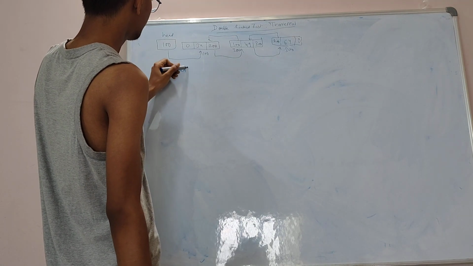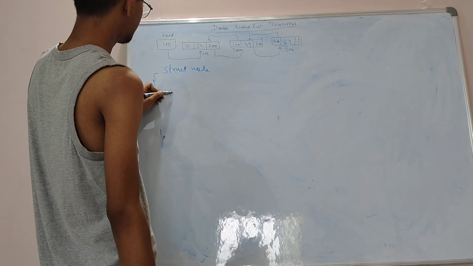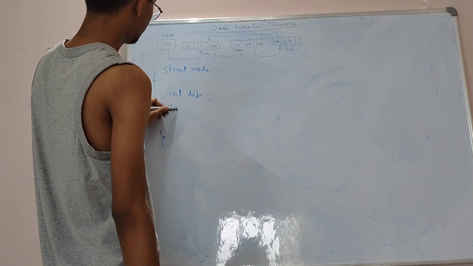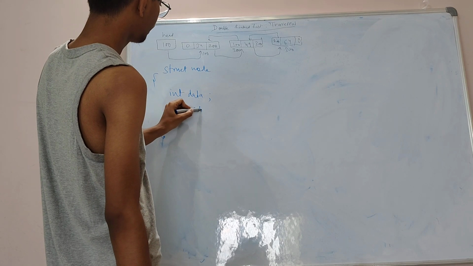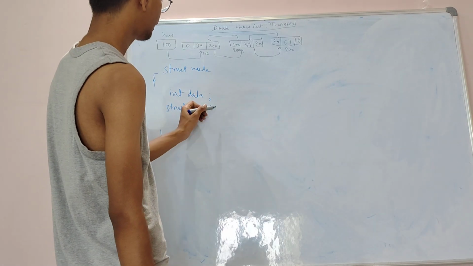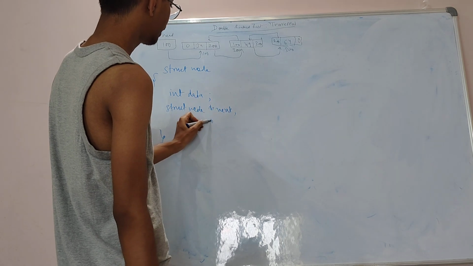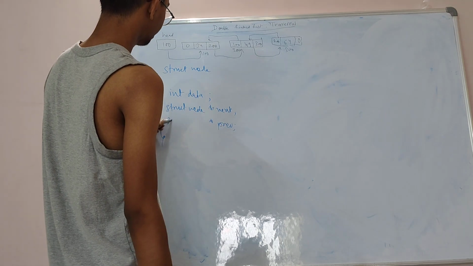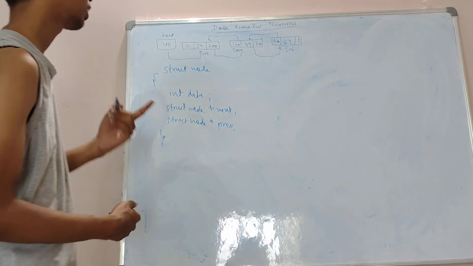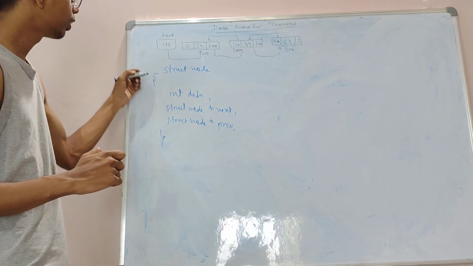So I will write here struct node, and I am declaring its three parts: int data, struct node pointer, a pointer pointing to a variable which is of data type struct node, suppose this is next and this is prev. Right. So I have created a structure, or say I have created a user defined data type for myself.